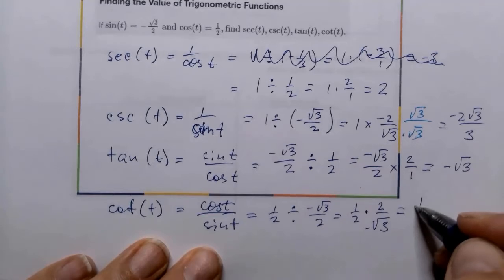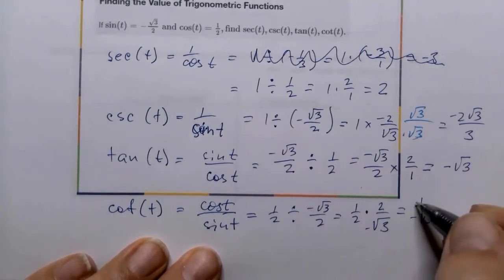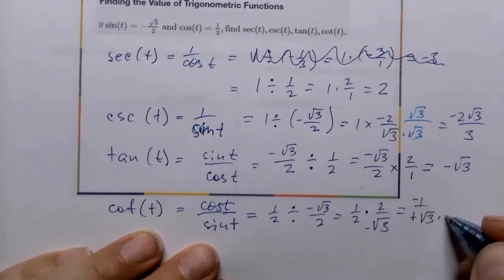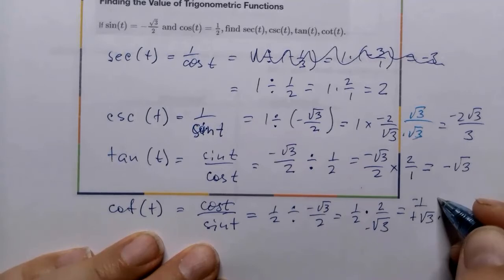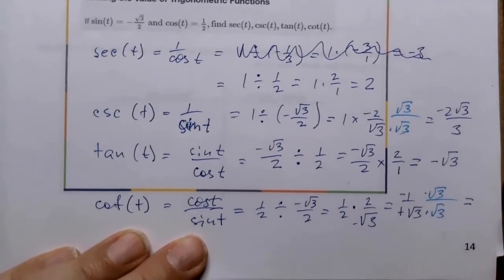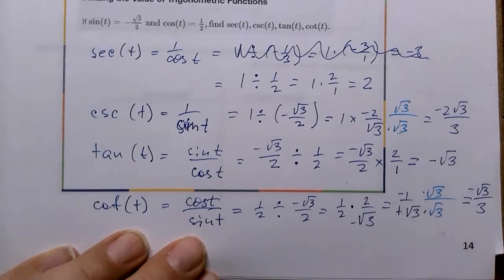We have 1 over -√3. I'm going to transfer the negative to the numerator and rationalize the denominator. And my answer is -√3 over 3 for the cotangent of t.